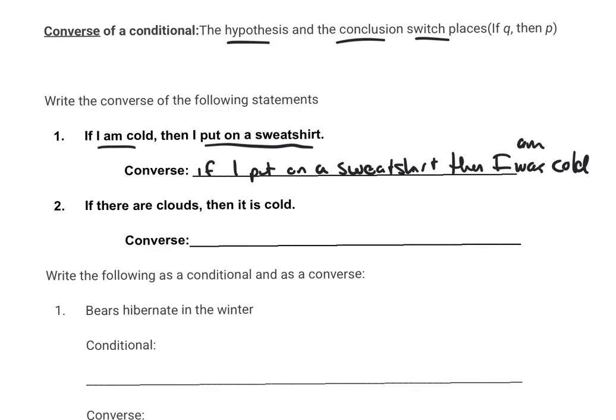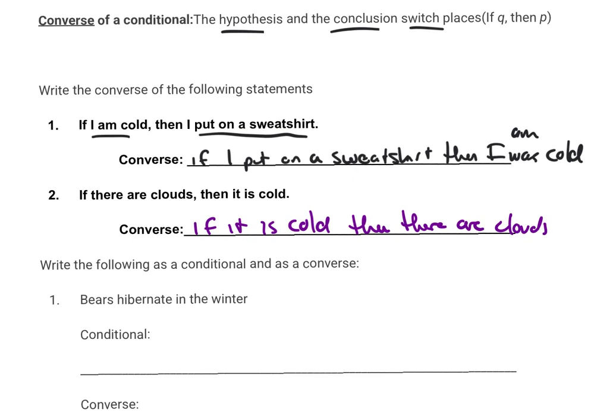If there are clouds, then it is cold. The converse would be, if it is cold, then there are clouds. All I'm doing is switching those two. Converse just means switch.